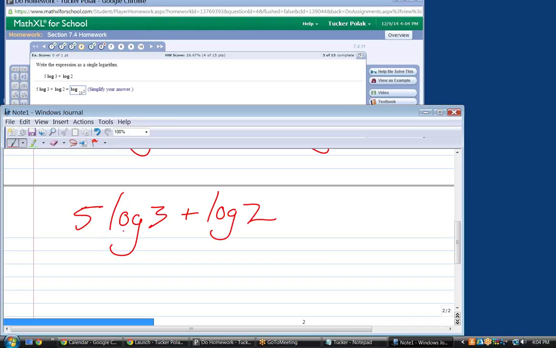No, you either have a base specified. If it's not specified, it's automatically 10. And if it says ln, natural log, then it's automatically base e. Okay. Those are the only three situations. Since it's not specified here, we know it's base 10.